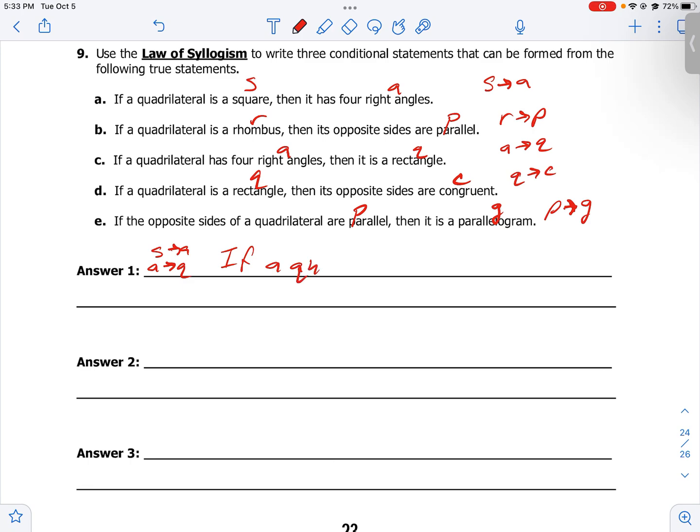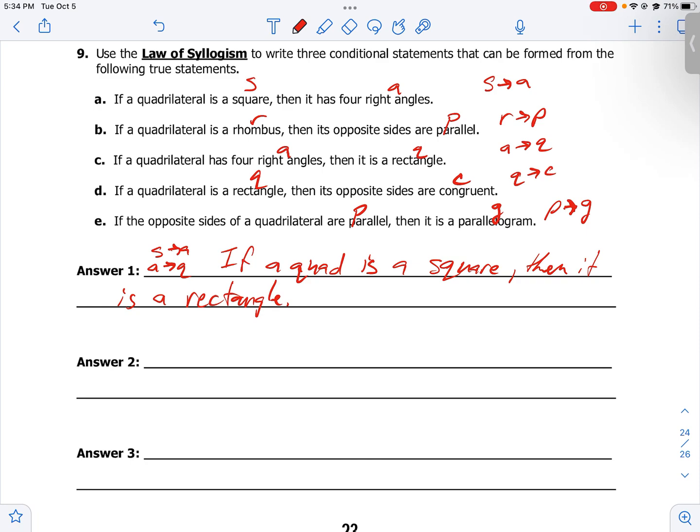So if a quad is a square, then I'm going to connect it all the way down to Q, and Q is, it is a rectangle or a quadrangle. All right, so we used that one.